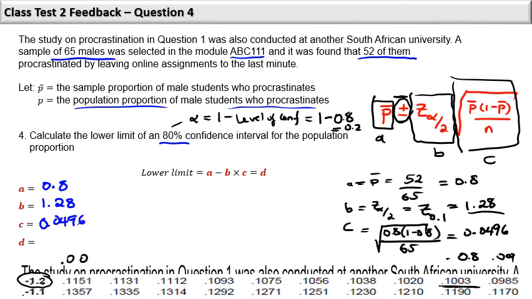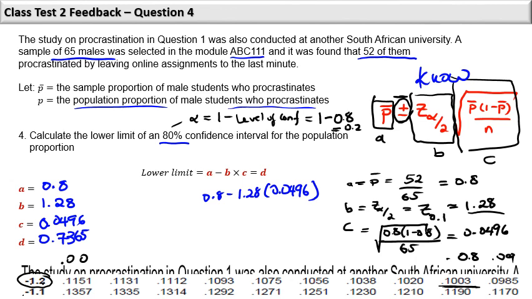Now D is the lower limit, and you know that the lower limit is nothing but your A, which is 0.8, minus B, 1.28, times the standard error of 0.0496, and that value is 0.7365. I hope that makes sense. So you will agree with me that for this question, all we needed is to know our formula for calculating the confidence interval for the proportion.